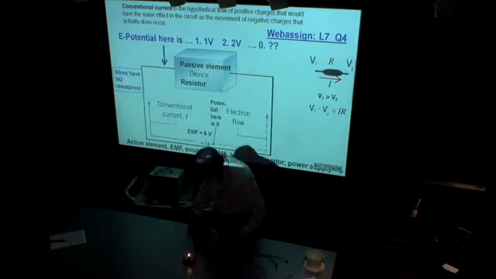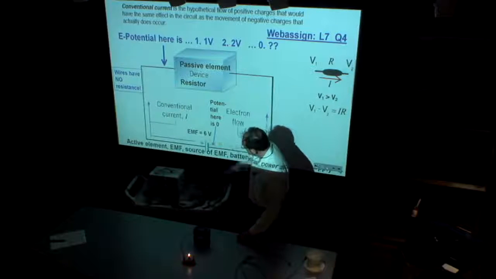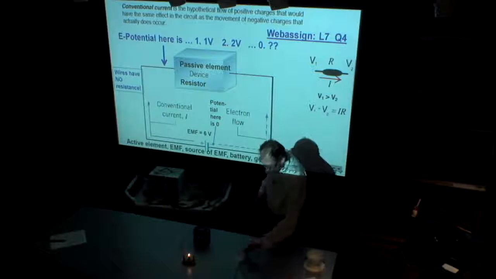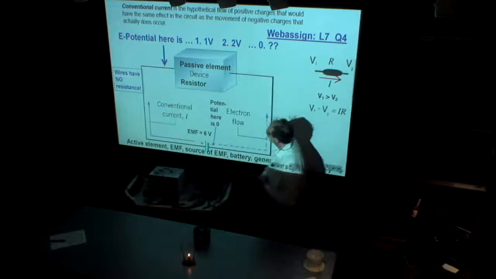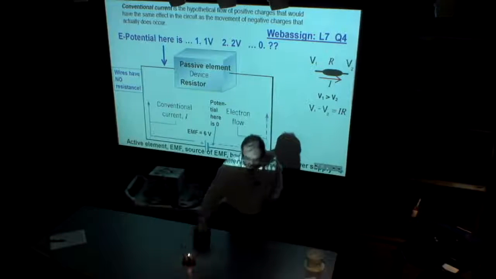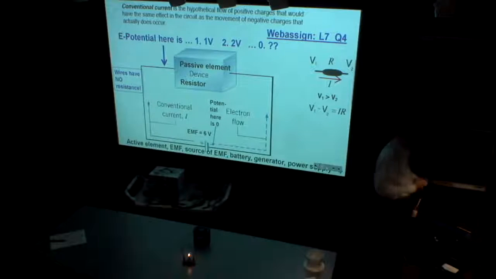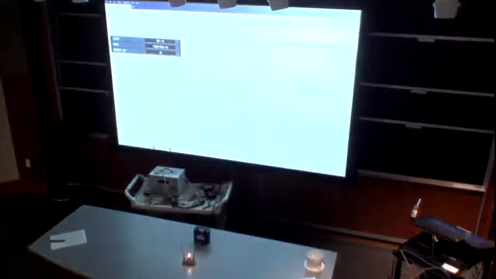This very circuit: the battery, the bulb, and the EMF of this battery is given as 6 volts. So the question is, what is the value of electric potential right here where the bulb begins? So you have to pick your answer and enter it. And that's question number 4.